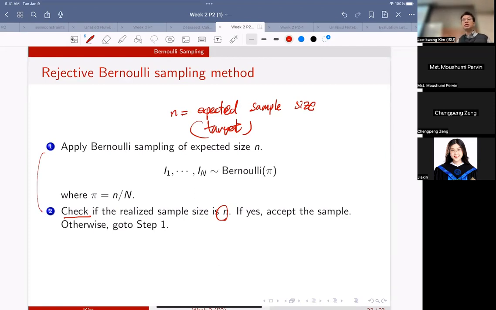Because the Bernoulli sampling here is IID, right? This is IID.